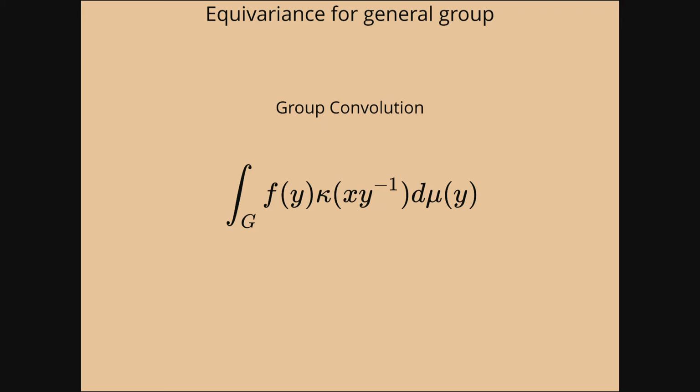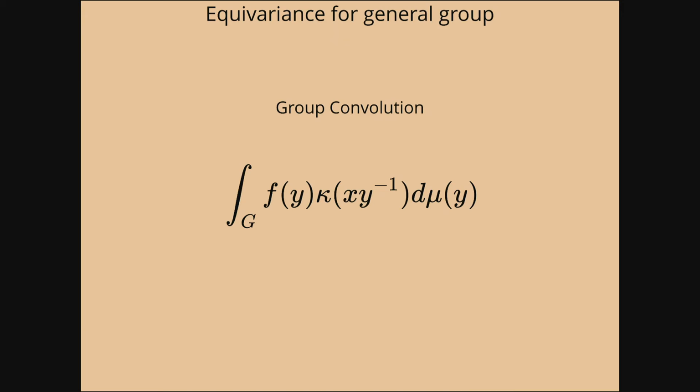And so what we can say is, okay, let's do the same thing, just now we will integrate over the group. And this is group convolution. This looks kind of scary because it's an integral over a group. And yeah, integrating over R is already sufficiently difficult. Why do we want to integrate over a group? But we will have to do it.